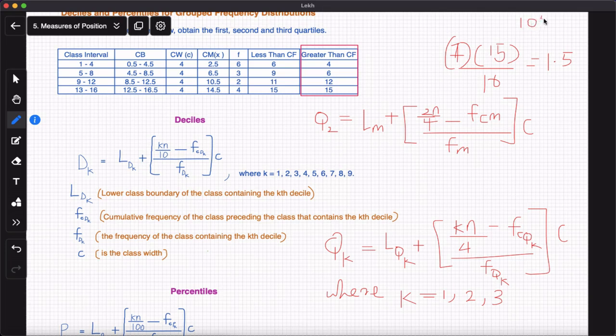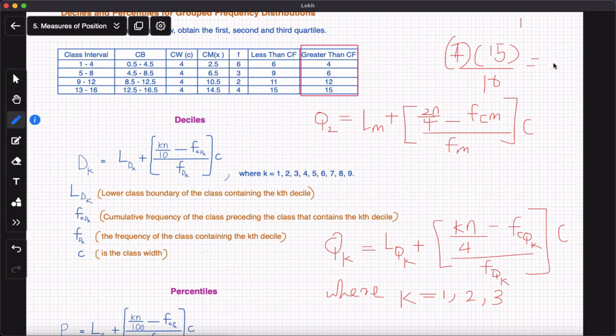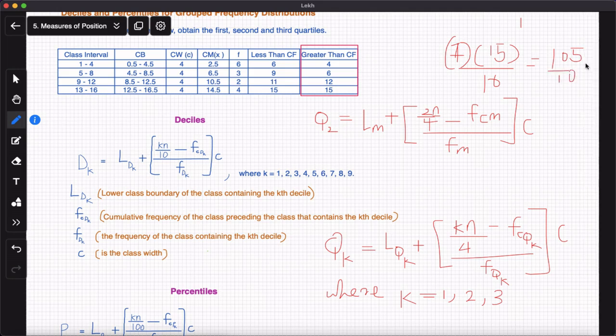I believe I'm correct. So we're going to have 105 divided by 10, and that's going to give us 10.5.